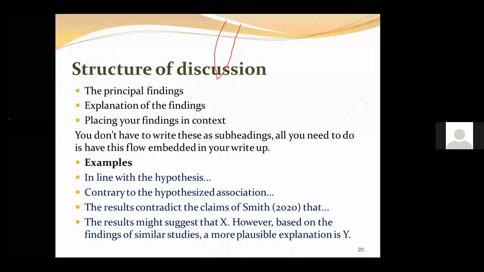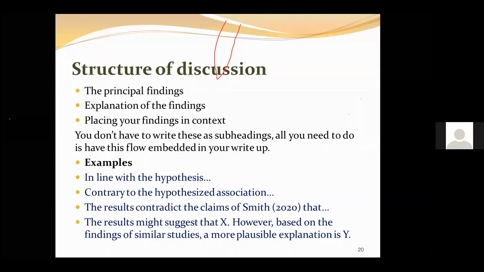So, dear friends, from the foregone summation, I can comfortably say your discussion chapter should have the principal findings, explanation of the findings, and placing your findings in context. You don't have to write these as subheadings, no. All you need to do is have this flow embedded in your write-up.